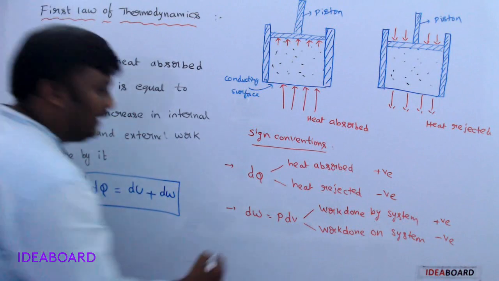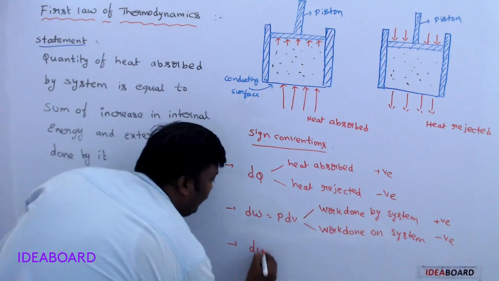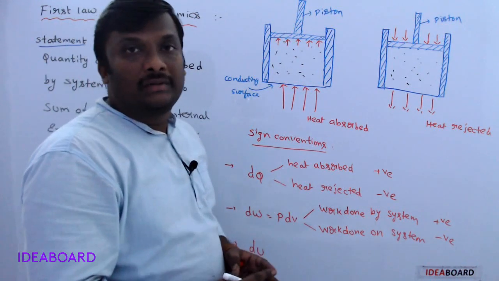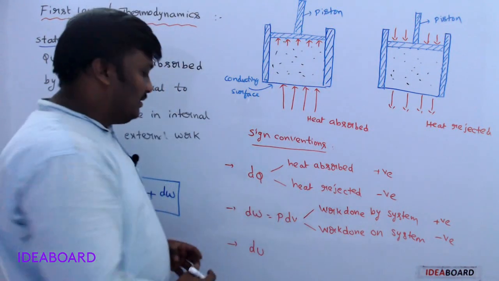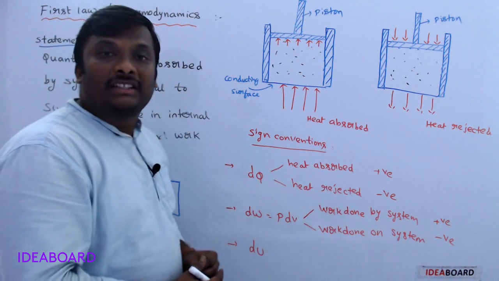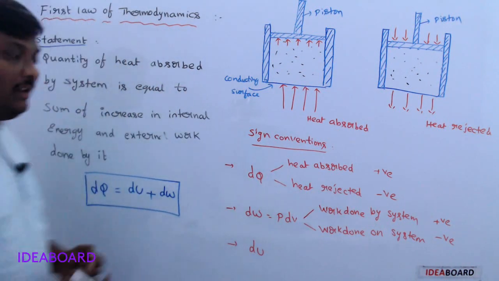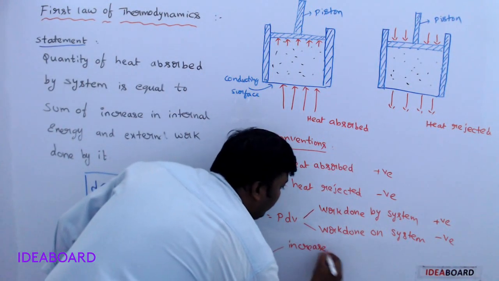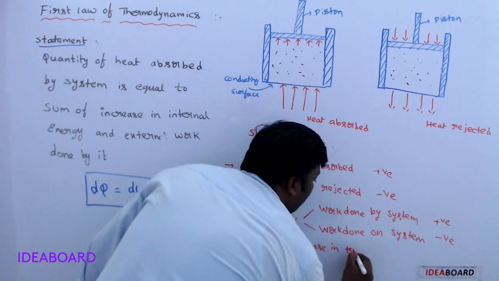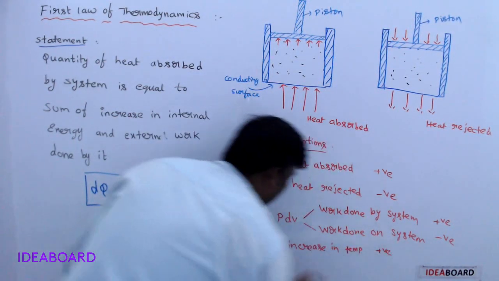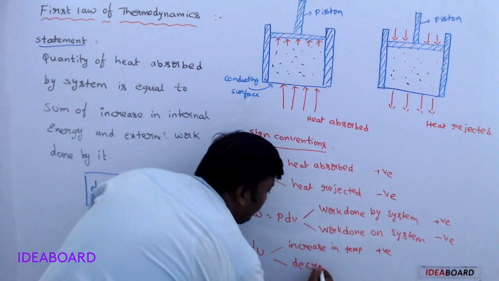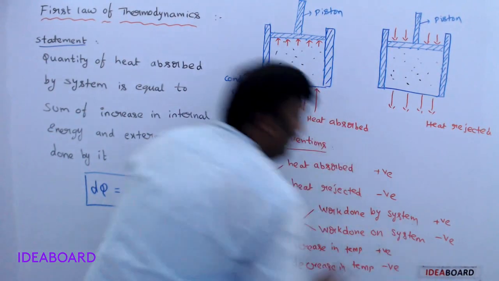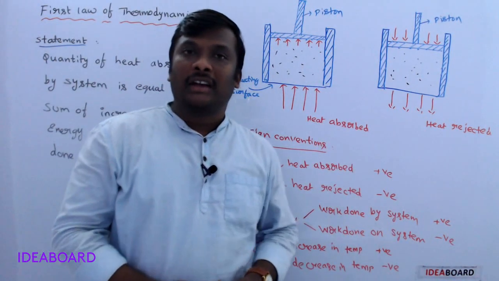Understand? And the third one, du. du always depends on the temperature only. If the temperature increases, du is positive; if the temperature decreases, du is negative. So an increase in temperature is positive, and a decrease in temperature is negative. Understand?